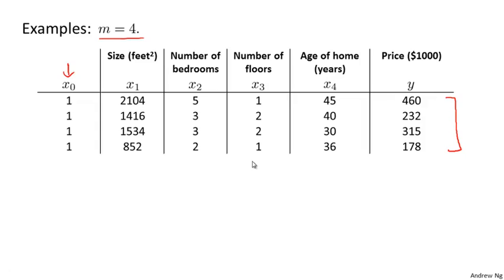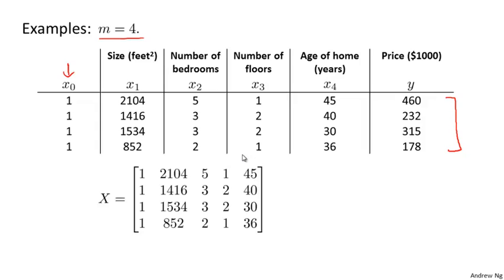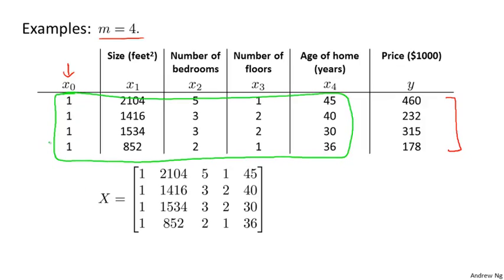I'm then going to construct a matrix called capital X. That's a matrix that basically contains all of the features for my training data. So concretely, here are all my features. I'm going to take all those numbers and put them into this matrix X, just copying the data over one column at a time.